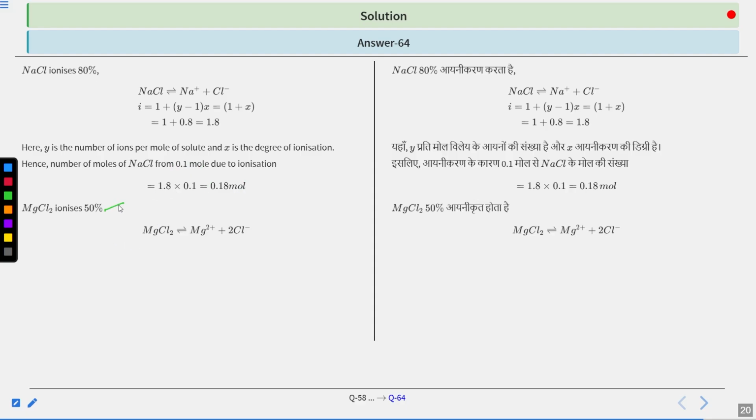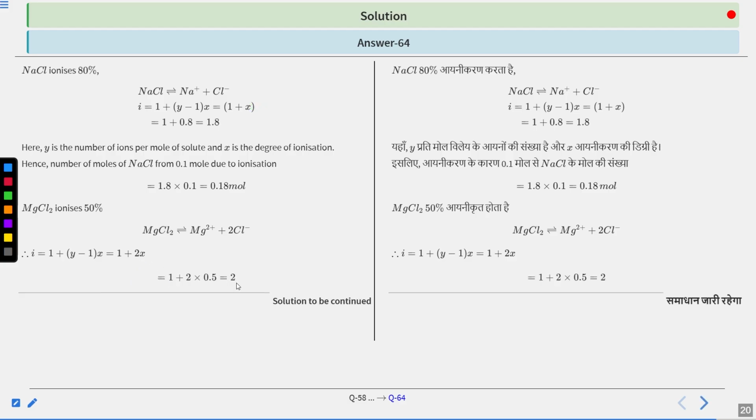Second thing, MgCl2 is ionizing up to 50%. So we can write this equation here. Now again, if you consider the first equation that is written here, and if you put x equal to 1 by 2, then we get the whole value of i as 2.